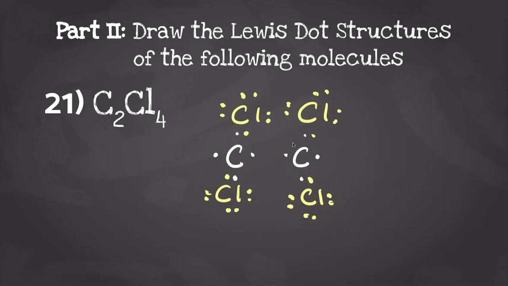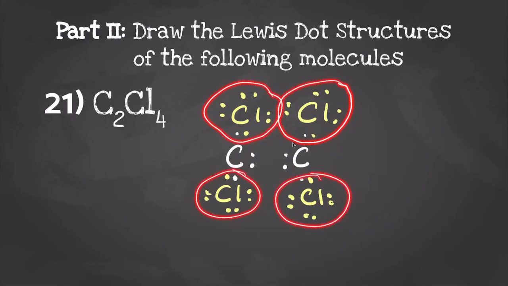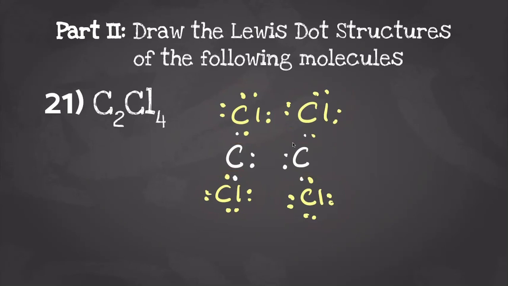See, just by simply leaving it like this, I can see that the carbon can form a double bond so that now each carbon has 8 electrons, that one as well, and each chlorine is going to have a total of 8 electrons. Each atom is going to have a full octet, and that's going to be our structure.